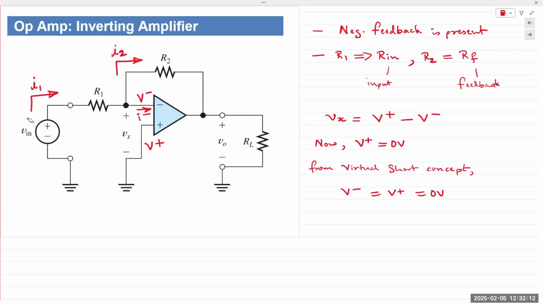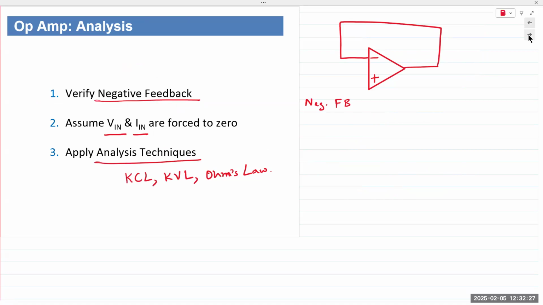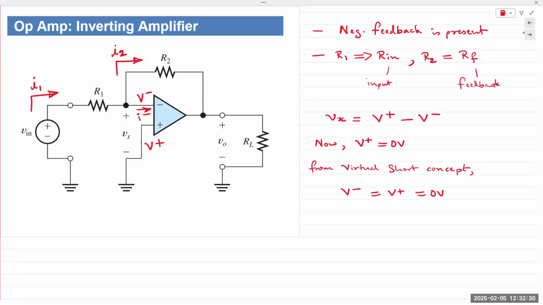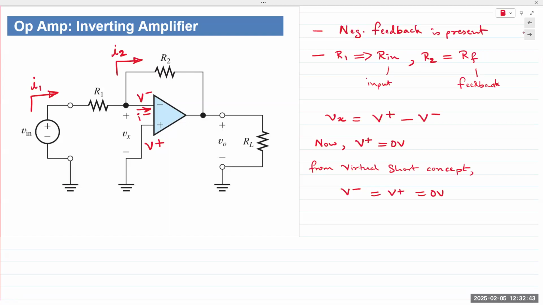Let's take a pause and just reflect on the steps that are shown here. The question being asked is basically why and how is V in considered to be 0? Because of negative feedback. A portion of V out is fed back into the input.